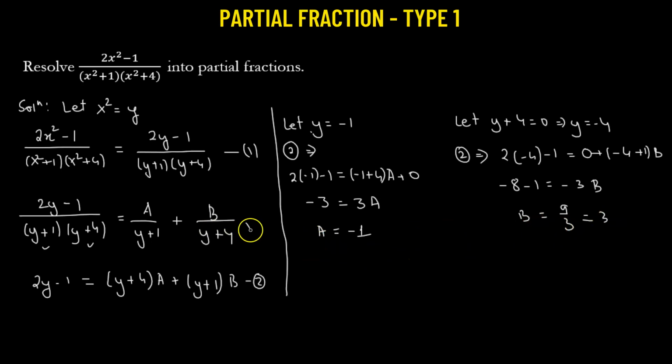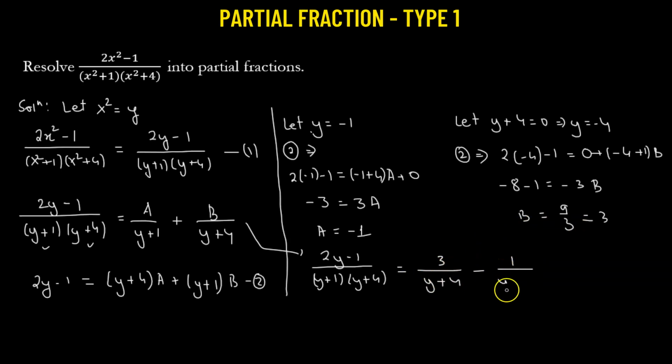That means we can now rewrite this equation, (2y minus 1) divided by (y plus 1) multiplied by (y plus 4), as equal to, let's take the b value first because that's positive, 3 divided by y plus 4, and a is negative, so we have -1 divided by y plus 1. And finally we will rewrite y with x squared, and this is going to give us the final value.